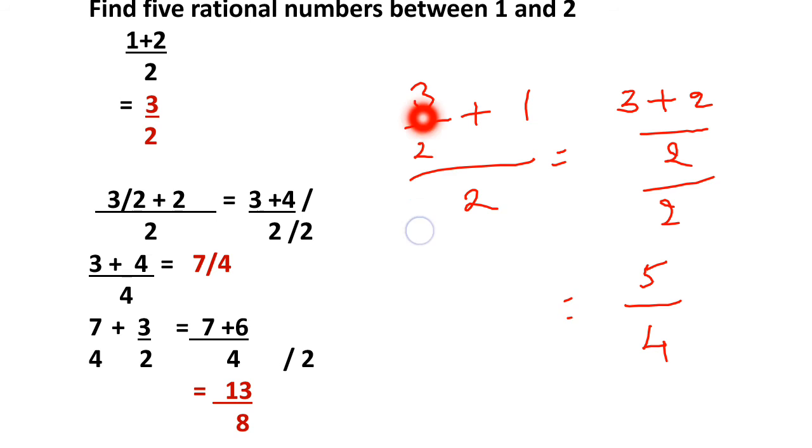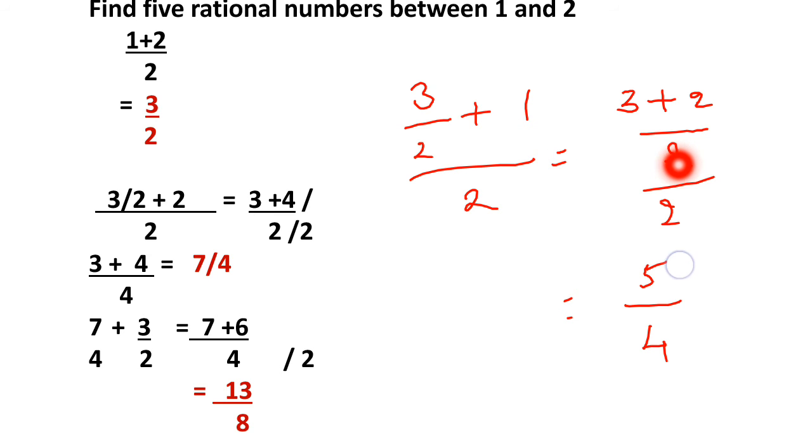Similarly, one more I have taken here. You can see this 3 by 2, and between this 3 by 2 and 1 we will find out now one more rational number. 3 by 2 plus 1 divided by 2 is equal to, now 2 is the LCM here. From the numerator only this part I am seeing now. 2 is the LCM, 2 1 times, 2 ones are 2 and that 1 multiplied with this 3, 3 ones are 3 plus, here nothing is there means 1 in the denominator.